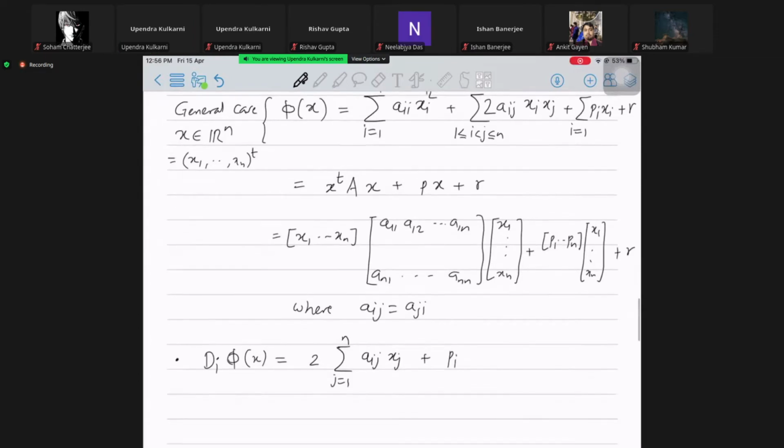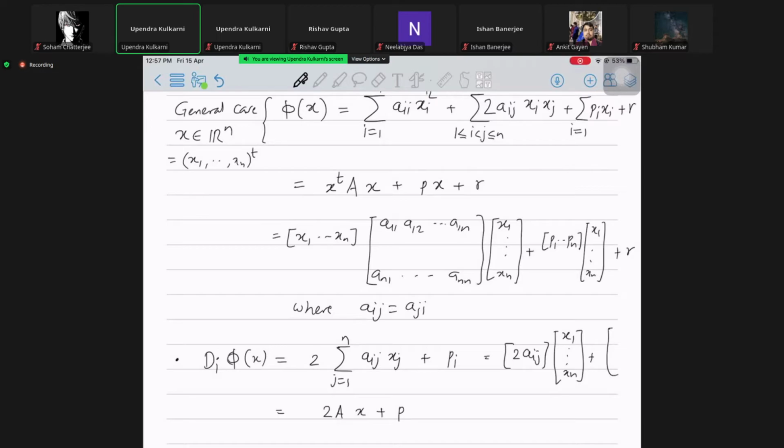Okay. So this is really the same thing as saying 2 times the matrix A times the vector x, and then plus the vector P. Maybe I should write P transpose, but okay.